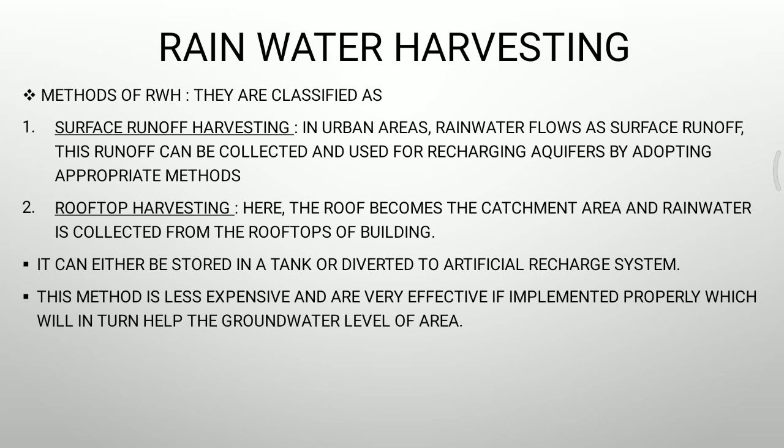Here the roof itself becomes the catchment area and the rainwater is collected from the rooftops of buildings. It can be either stored in a tank or diverted into an artificial recharge system. This method is less expensive and very effective if implemented properly, which in turn will help the groundwater level of the area.